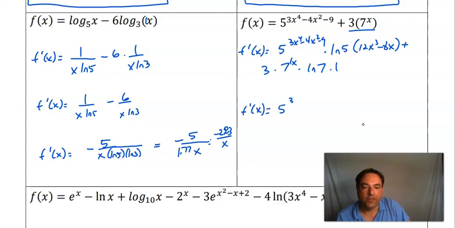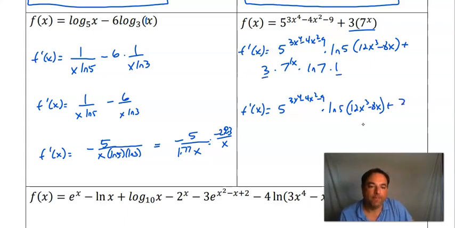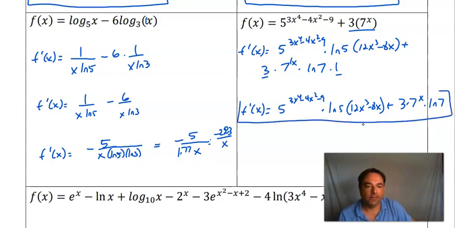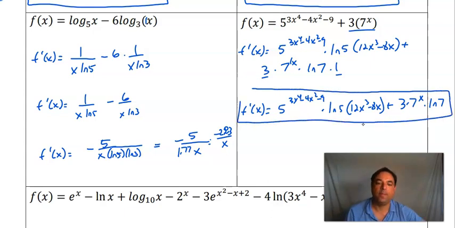We have 5 to the 3x to the 4 minus 4x squared minus 9 times ln of 5 times 12x to the third minus 8x plus, now we have 3 times 1, that would just be 3, times 7 raised to the x times ln of 7. And that would be your final answer there.